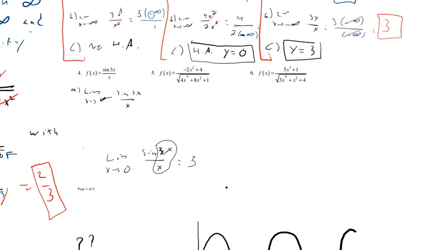If you're ever lost and confused, using the calculator is a great way to help you identify what's going on. Y equals sine of 3x over x. So let's take a look.